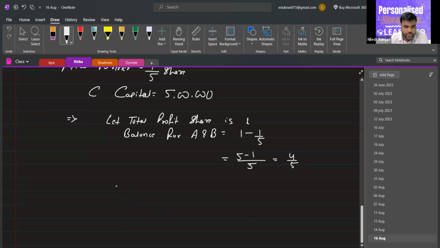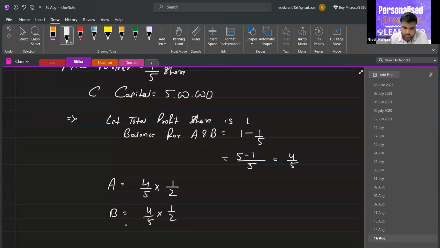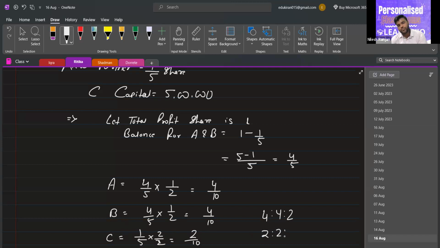It will be distributed between A and B: 4/5 into 1/2 each, and C is 1/5. So it is 4/10, 4/10, and 2/10. The new ratio is 4:4:2, or you can say 2:2:1.